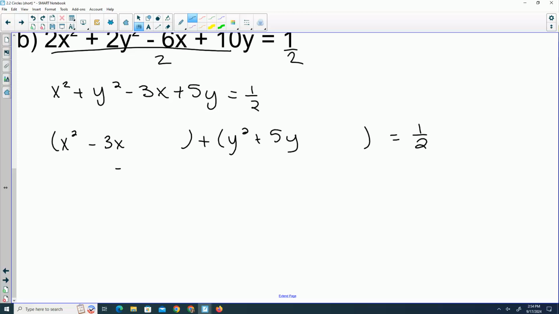So middle term, -3 divided by 2, that doesn't reduce. When I square it, that would become -3 squared is 9, 2 squared is 4. And if you add it to one side, we add it to the other as well.